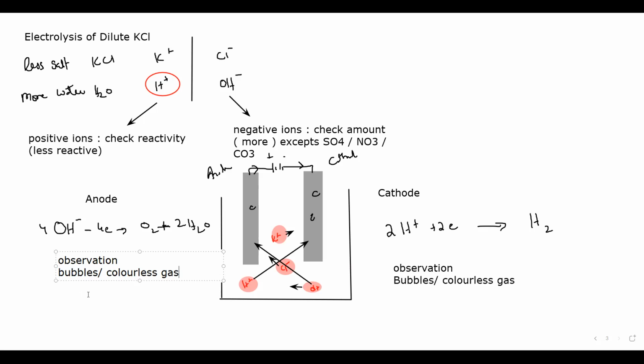Now what happened to the electrolyte? Electrolyte means what we are left behind with. H is being removed, OH is being removed. So we are left with KCl. So the electrolyte will turn into KCl only. This is what we do or observe during electrolysis of dilute potassium chloride.